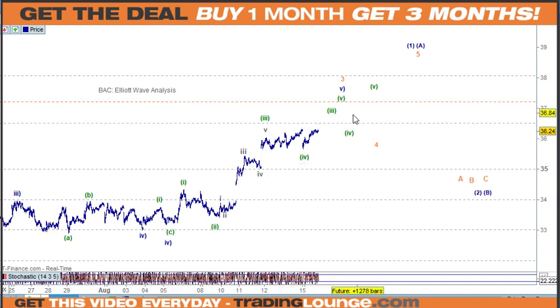But let's see. The next step for this market is to find support in 65, which is 36.50. Yeah, that's about right. So let's see if it gets support in here. If it gets support in here, then it'll stay in group 2 here, and then we can work this higher over here. And then we could probably even leave this wave 4 here.